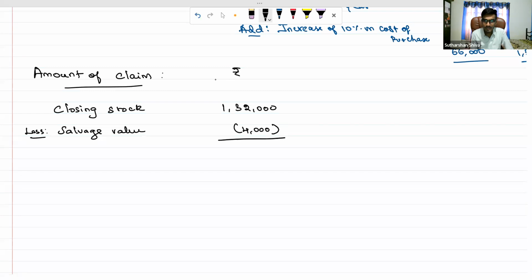Whenever there is a negative value, use the brackets. Okay. Use the brackets. 1,28,000. This 1,28,000 is my actual value of stock loss.